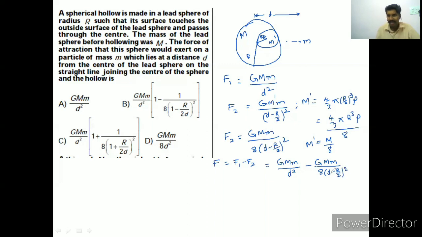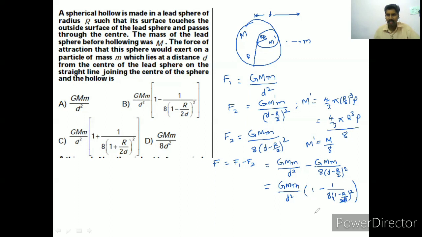So I am taking d square common here. Both d square will come here. G m m also we can take common. So G m m by d square, 1 minus 1 by 8, 1 minus r by 2d, whole square.